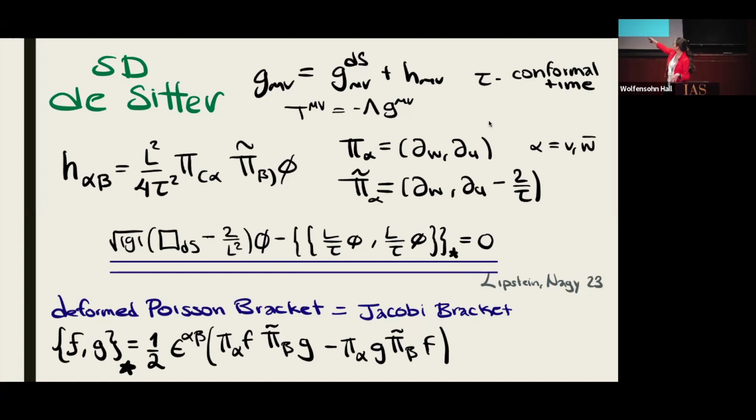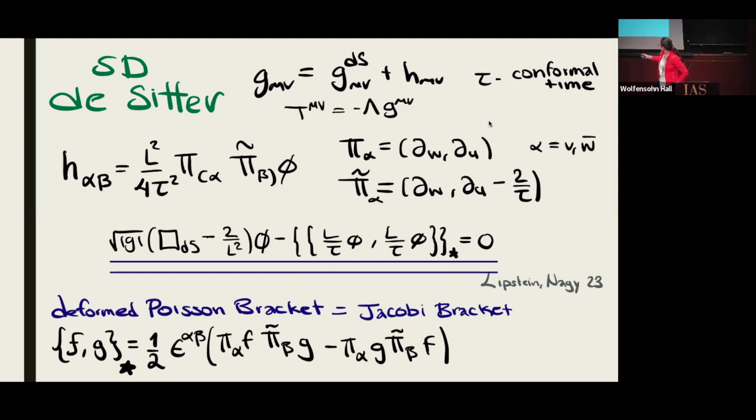One of them will be the same differential operator that you had before in the flat space case, but it has to be symmetrized with another one that has a time dependence that comes from your de Sitter space. And very interestingly, this will be a solution to the self-dual equations as long as this scalar satisfies this equation of motion, which is the equation of motion of a conformally coupled scalar in de Sitter space, again with 3-point interactions.